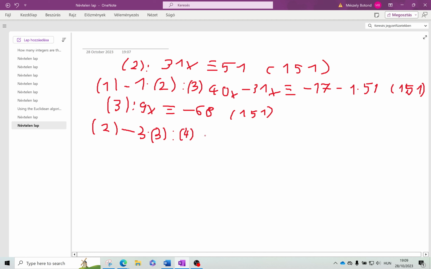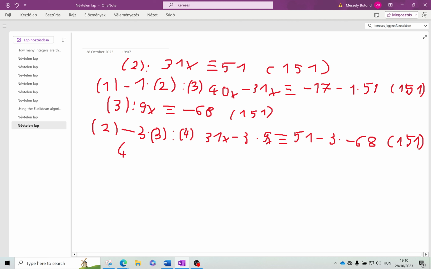and basically it's 31x minus 3 times 9x congruent 51 minus 3 times minus 68 modulo 151.